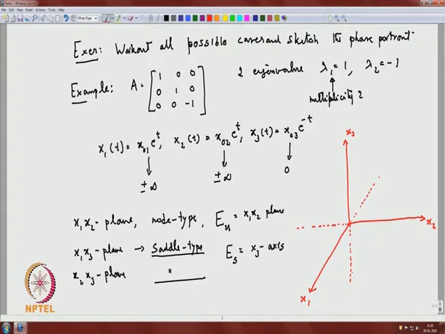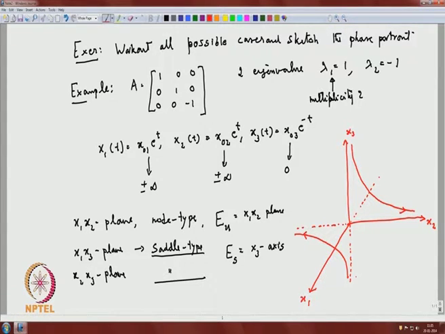Let us look at only x2 x3. When you look at x2 x3, you have the saddle point. So, the trajectory will be there and x2 goes to infinity. Correspondingly this is your x2 x3, and the trajectory will go here, you see. That corresponds to the x2 x3 plane.